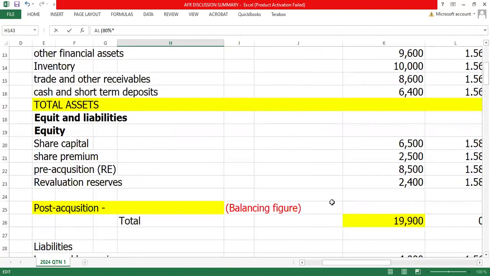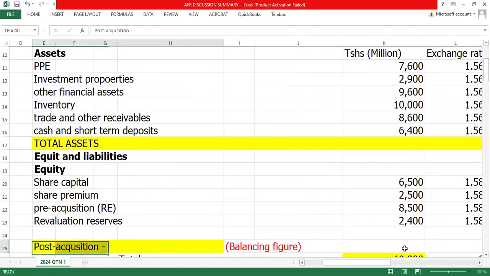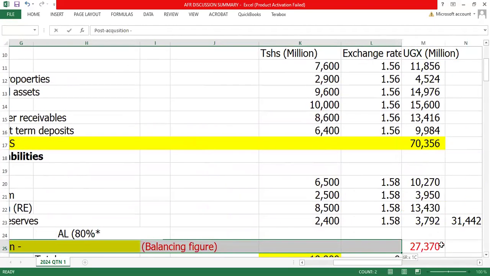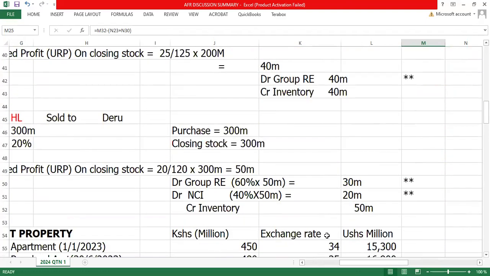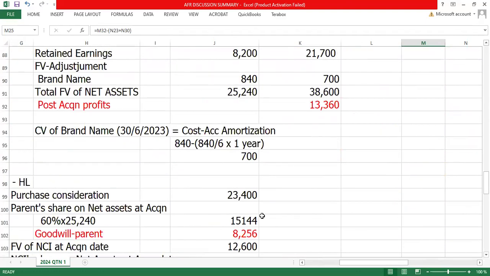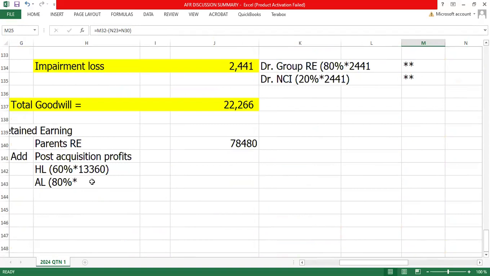That was our post-acquisition profit. Here, what do you get?